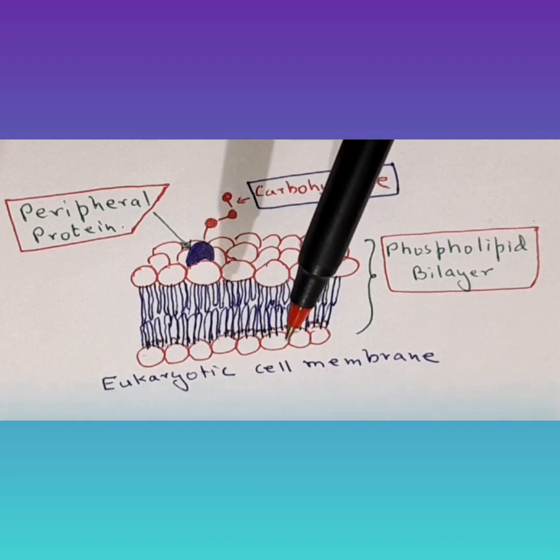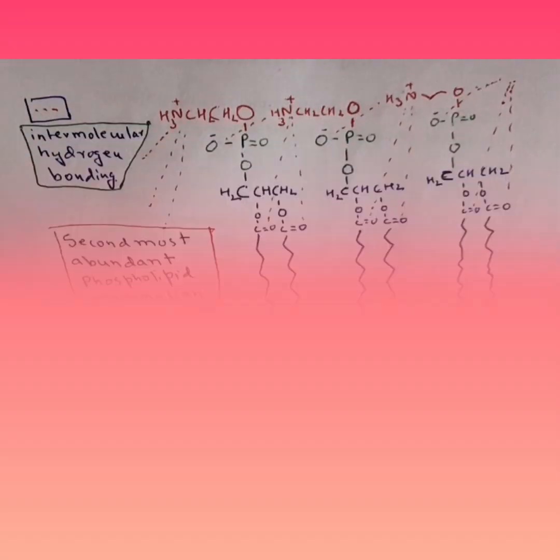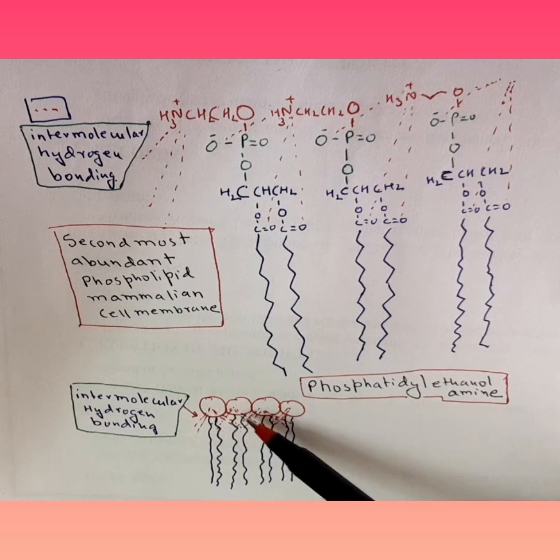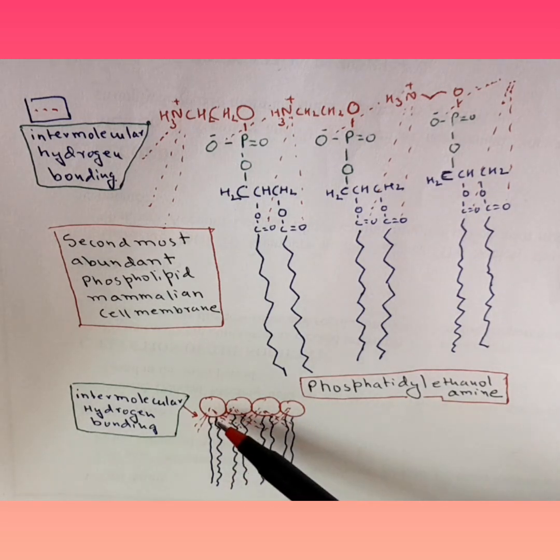Let us get into it in depth. Of the bilayer that I showed just now, I'm just choosing one layer, the upper layer, right? Now upper layer, this is the head part of it, or rather I would say this is the hydrophilic part and this is the lipophilic part. This is the water soluble part and this is the oil soluble part.